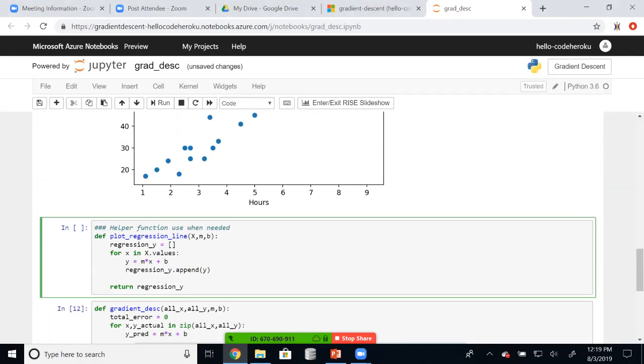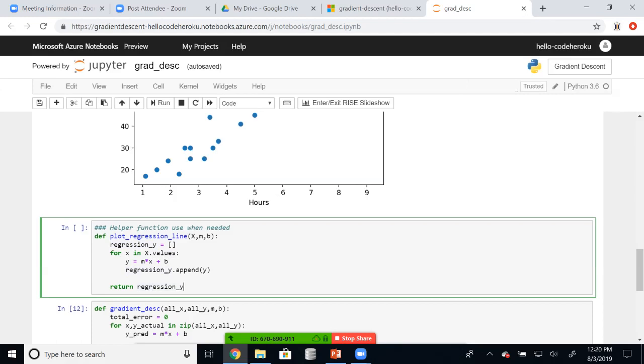Shouldn't call it plot really. It's just returning the regression y values over here, right? So all I'm doing is just for x in all x dot values, I'm saying y is mx plus b. That's what you already did in the gradient descent algorithm as well. I'm just returning all the values of regression y to my method over here, right?